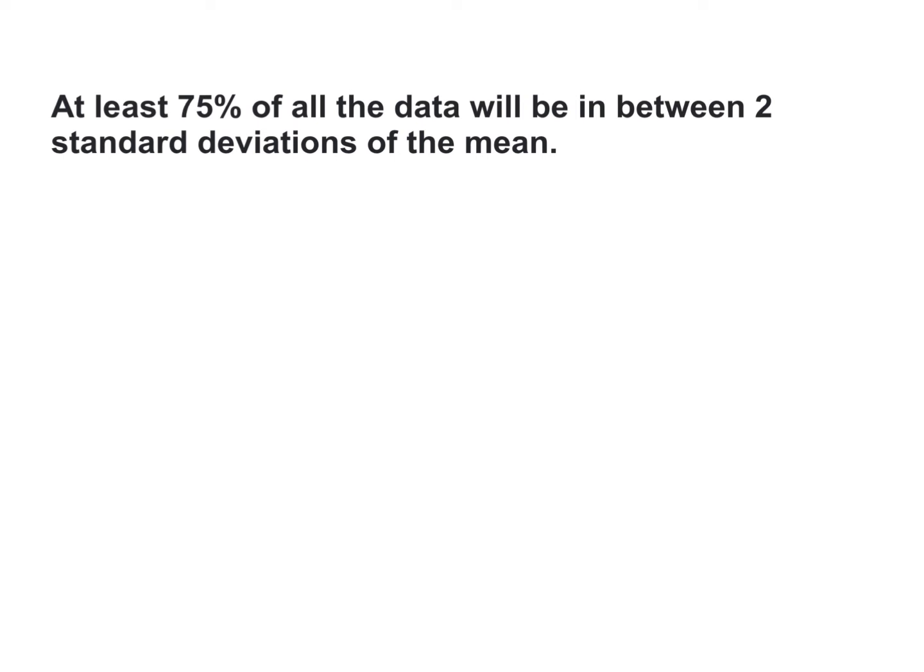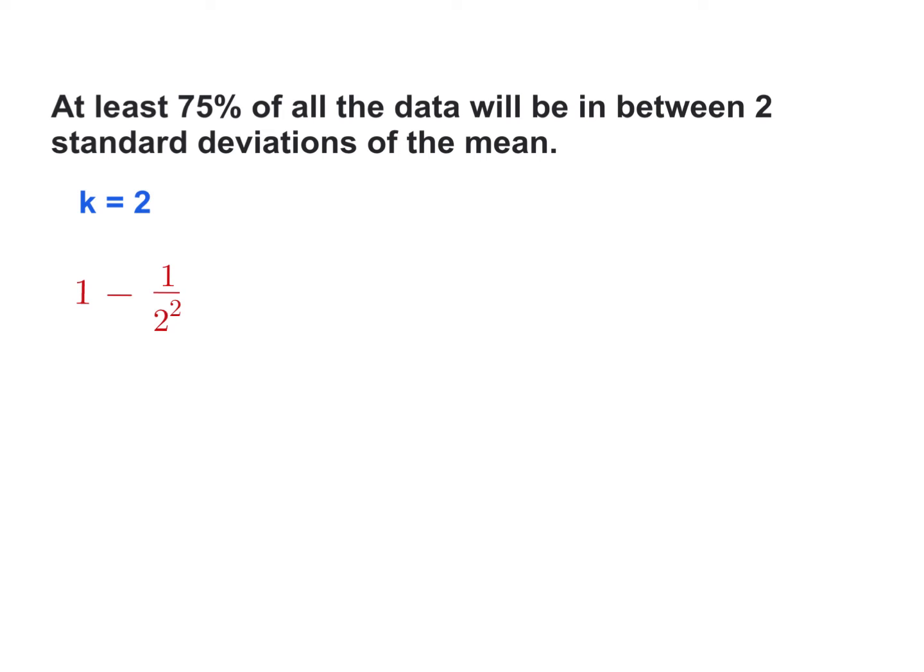K equals 2, meaning exactly 2 standard deviations above or below the mean. So in the formula, it's 1 minus 1 over K squared, and in this case K is 2.